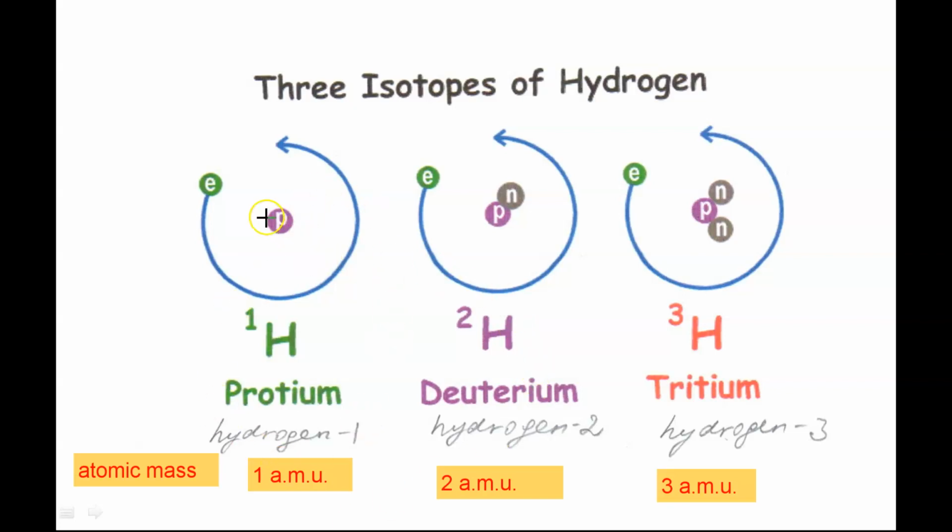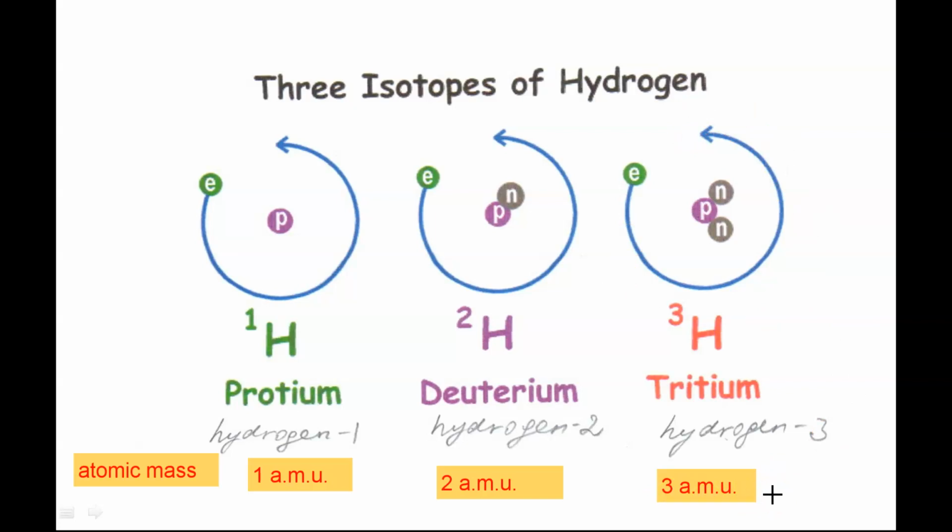I have hydrogen 1 with just 1 proton and no neutrons, right? It has 1 electron. And the atomic mass is 1 atomic mass unit. I have hydrogen 2 that has 1 proton and 1 neutron and 1 electron. And the atomic mass is 2 atomic mass units. And I have also hydrogen 3 that has 2 neutrons and 1 proton and 1 electron. And the atomic mass is going to be 3 atomic mass units.